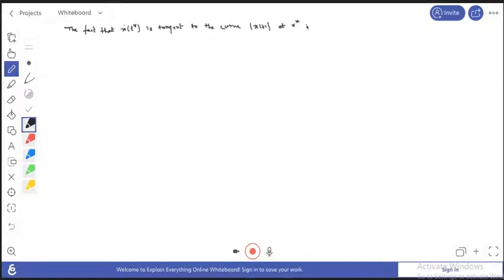This means that the gradient of f naught at x star is orthogonal to the curve at this point, that is x star.